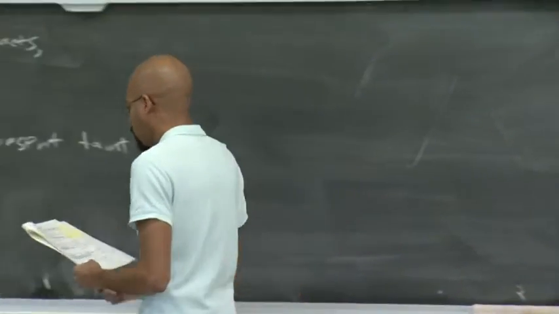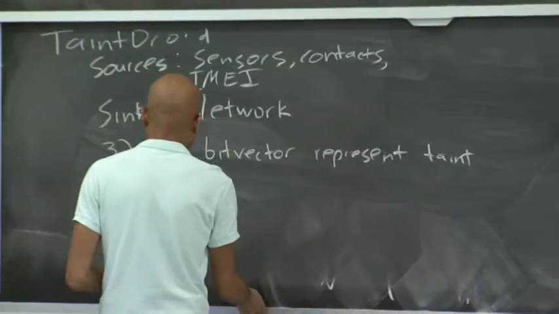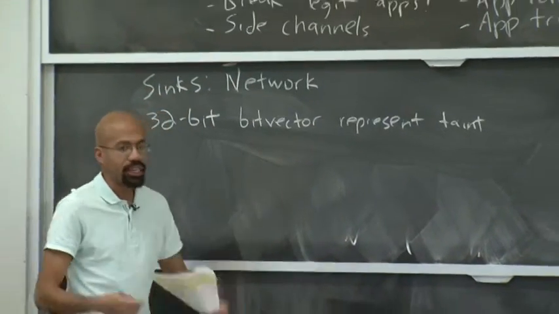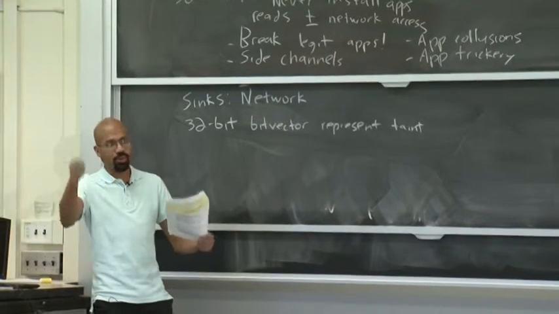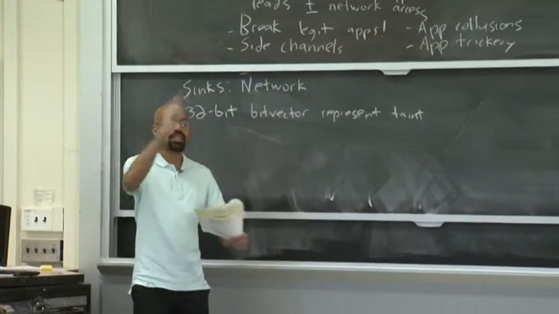OK, so roughly speaking, when you look at the way that a taint flows through the system at a high level, it basically goes from the right-hand side of statements to the left-hand side.